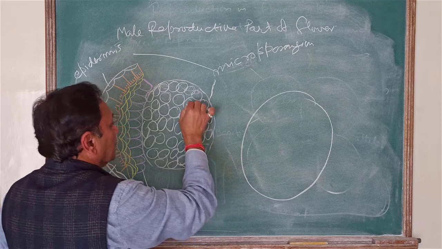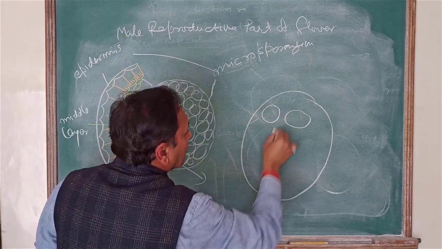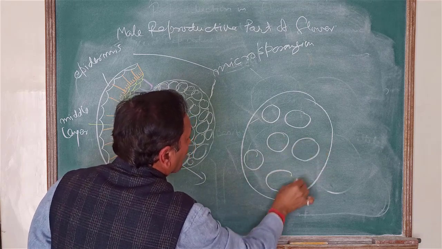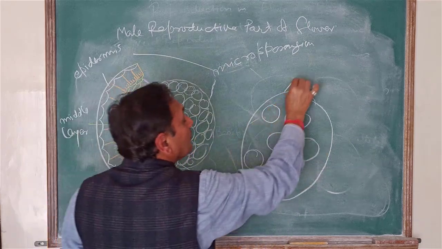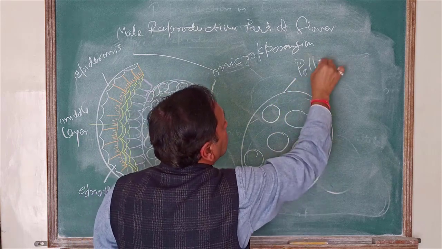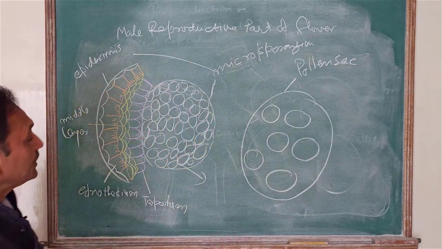What happens? These microspore mother cells become very much enlarged to form a separate space, and now it is called pollen sac.